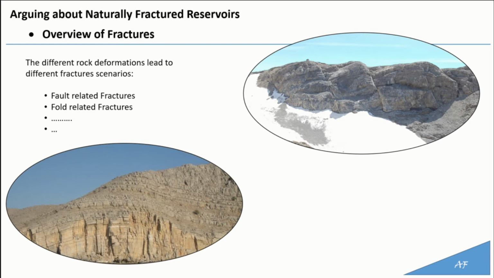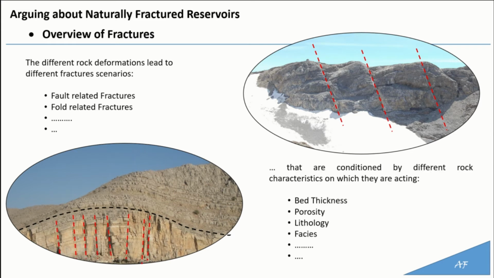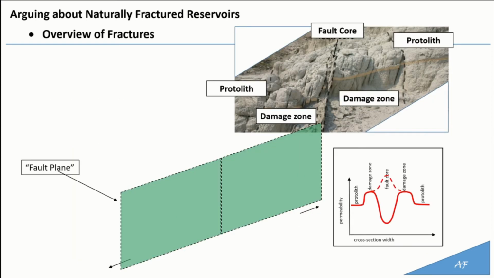The different rock deformations lead to different fracture scenarios: fault-related fractures, fold-related fractures, loading-unloading related fractures, etc. The impact of this deformation is in turn conditioned by the different rock characteristics on which they are acting, like bed thickness, porosity, lithology, facies, etc.